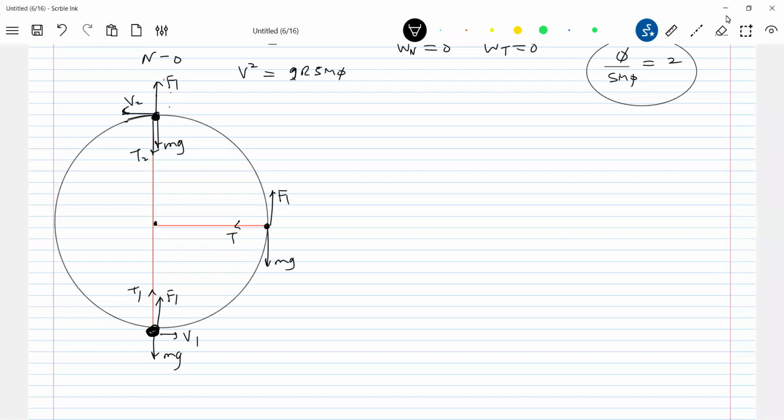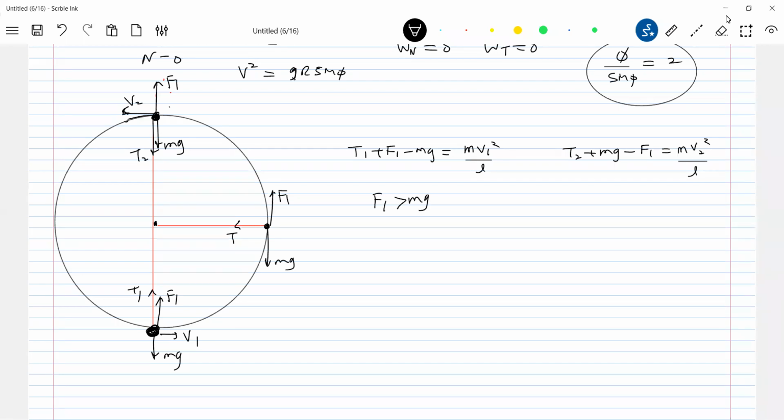Okay, let's write at point 1: T1 plus F1 minus mg equals mv1 square by L. At the highest point, T2 plus mg minus F1 equals mv2 square by L. And I'll put F1 greater than mg, until where the critical point will come.